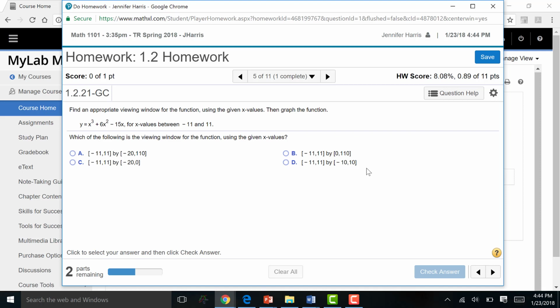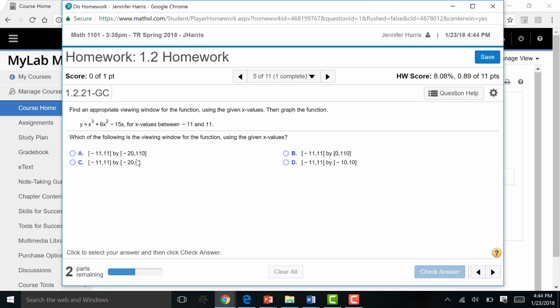Then they want to know what the second set of numbers in the brackets is that you need to pick. Which one do you want? See the first bracket? Negative 20 to 110. Yeah, I see it up here. Okay, so do I put that here in my wrench?